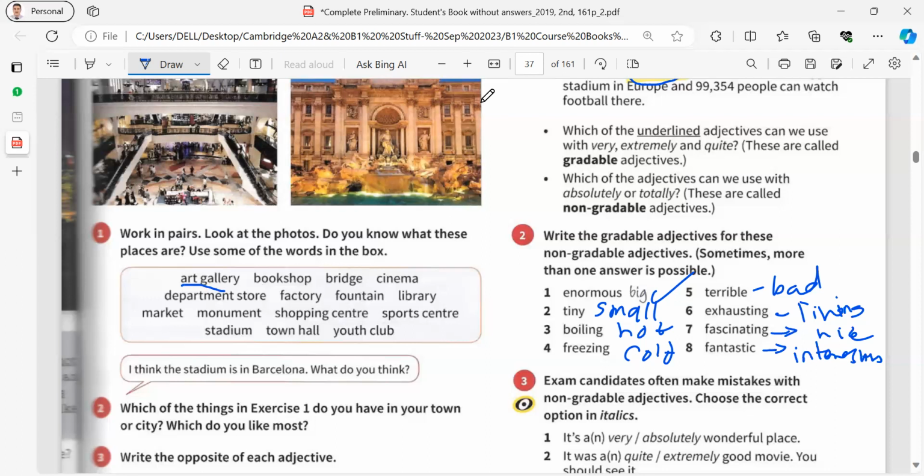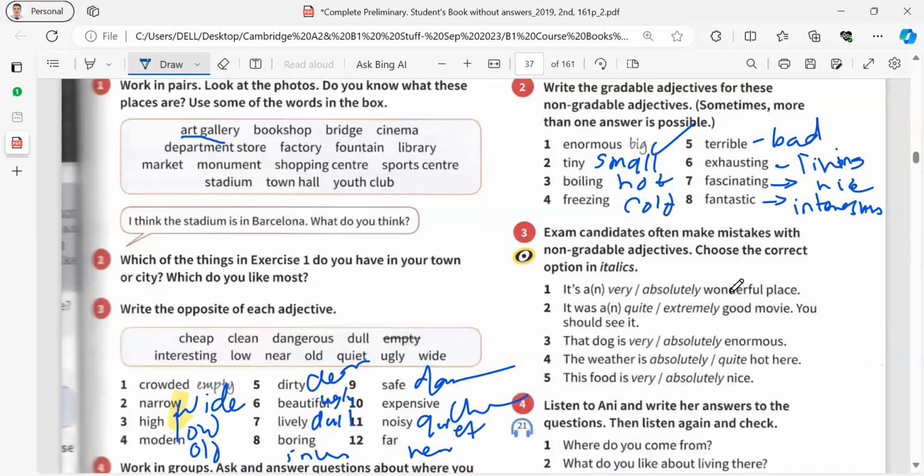But you can say very small. Boiling: when I say it's boiling, can you say it's very boiling today? No. But you can say very hot. Can you say it's freezing? It's freezing means very, very cold. Clear? Yes, clear.